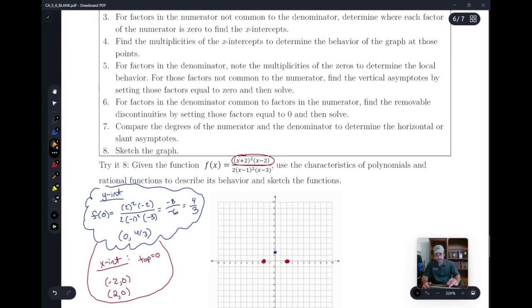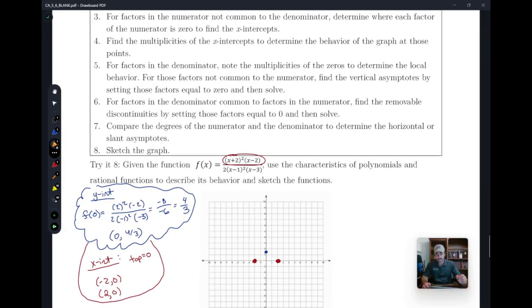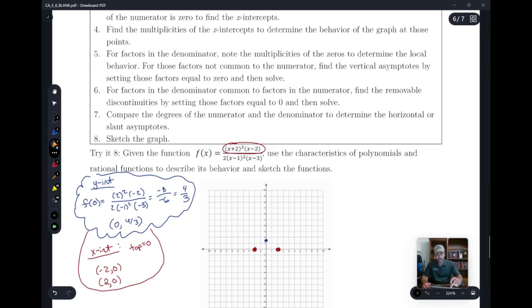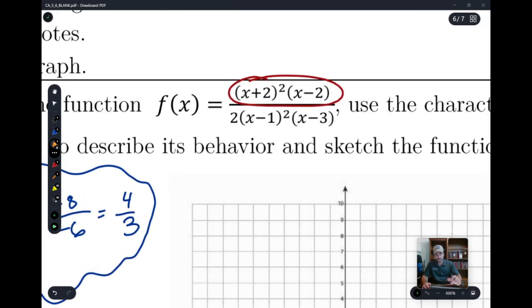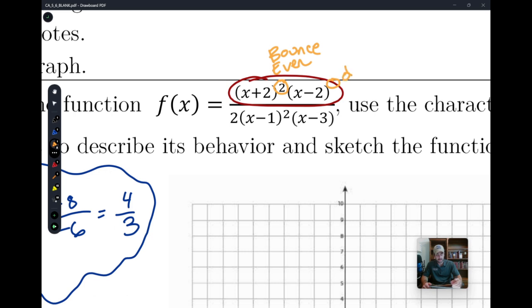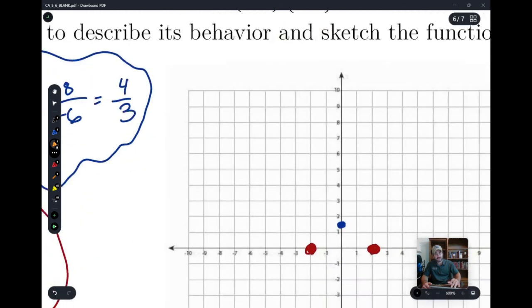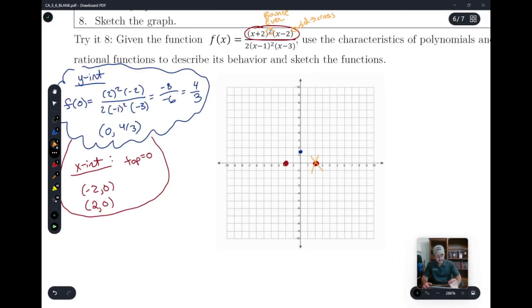Next, it says to find the multiplicities of those x-intercepts to find local behavior. So at the -2, we have an even multiplicity, and even means bounce or touch. And at x equals 2, we have odd, which means cross. Now I don't know exactly which way they're going to cross, like this or this, or bounce like this or bounce like that, so we're going to have to wait and see.